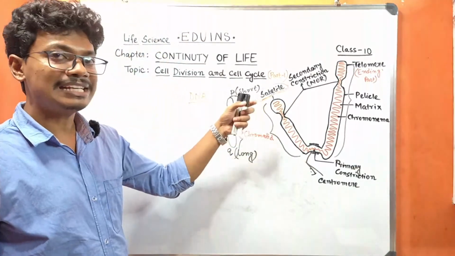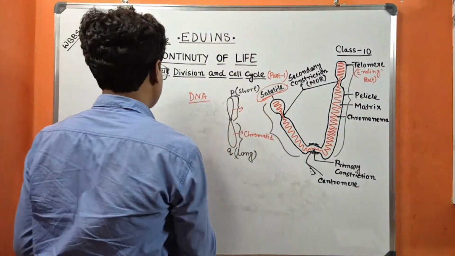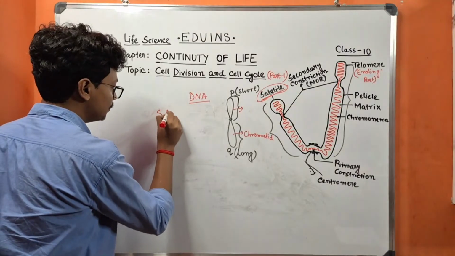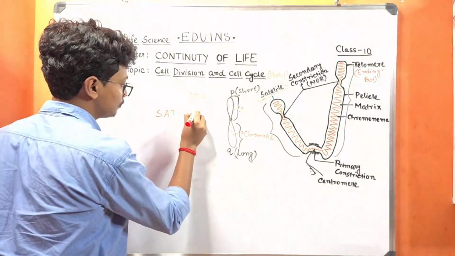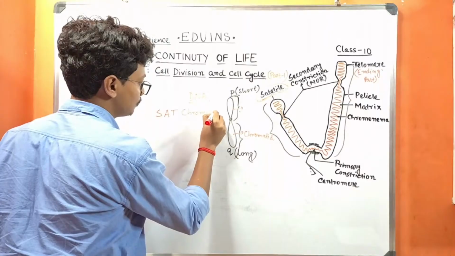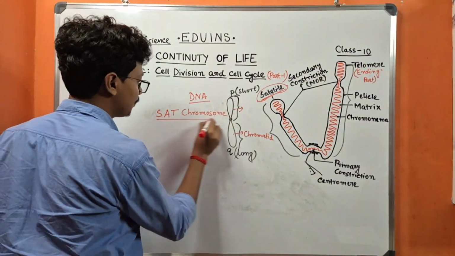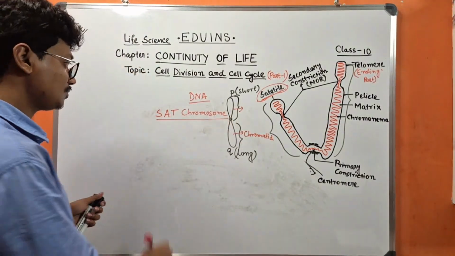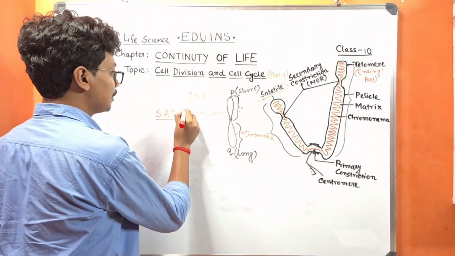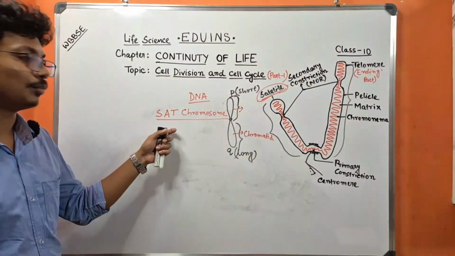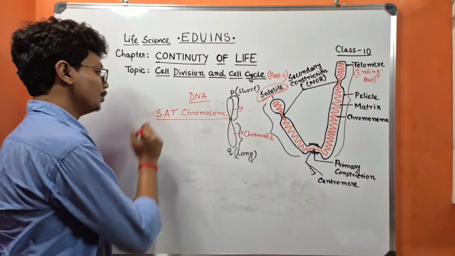The satellite-containing chromosome is known as SAT chromosome.